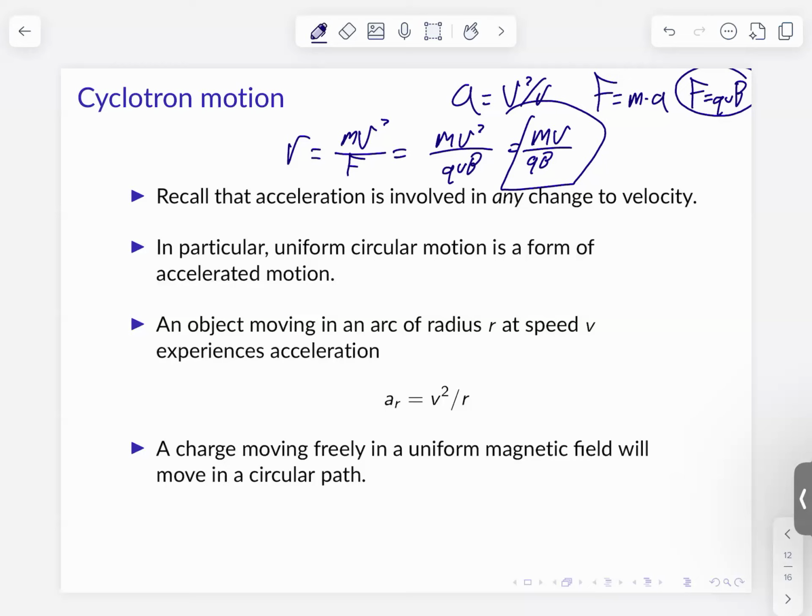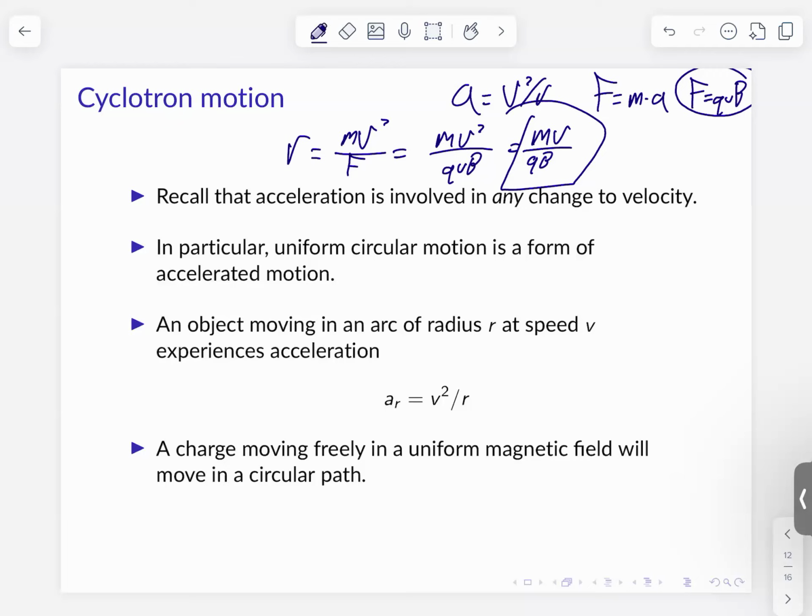This is called gyro radius or cyclotron radius. You will be tested on it. The meaning of it is if I flick a proton into a constant, simple magnetic field at right angles to the velocity, the proton doesn't just go straight through. The proton doesn't arc in a parabola.